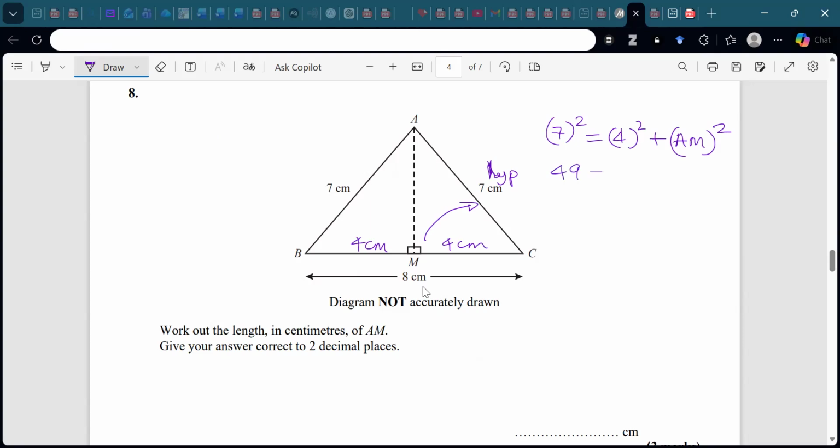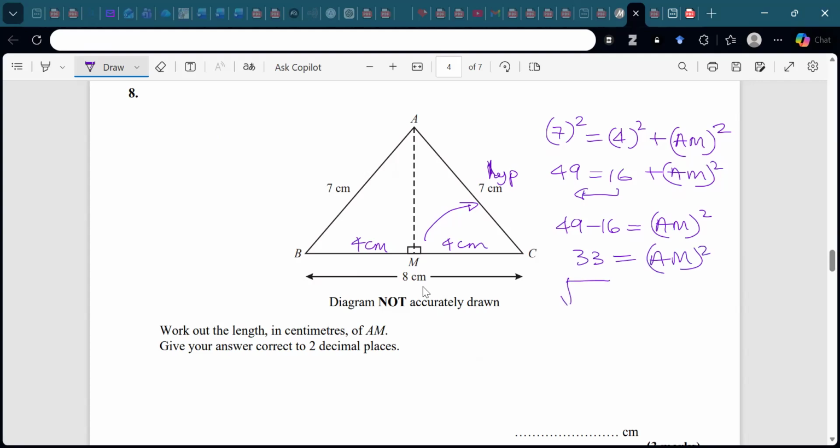So we have 49 is equal to 16 plus AM all squared. 49 minus 16 is equal to AM squared. So right here, we're going to get 33 is equal to AM squared.